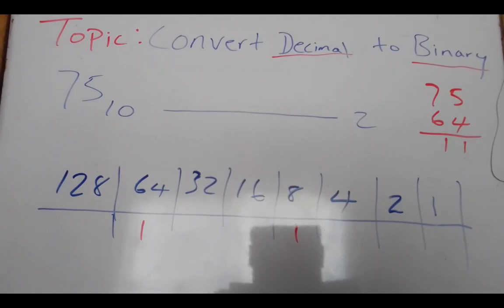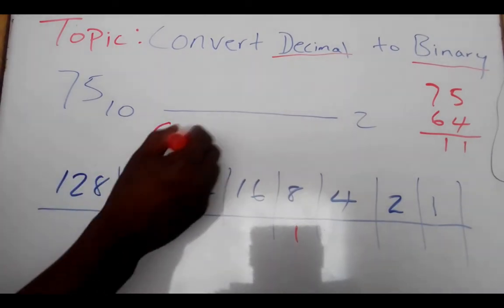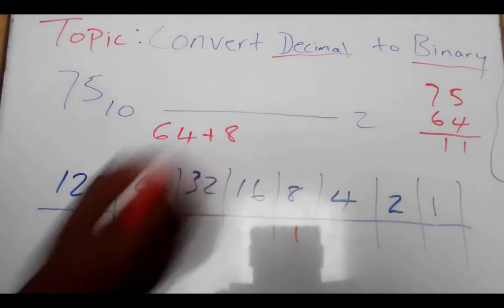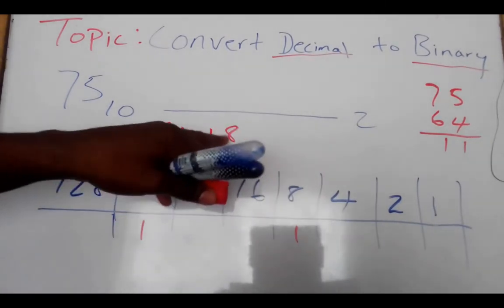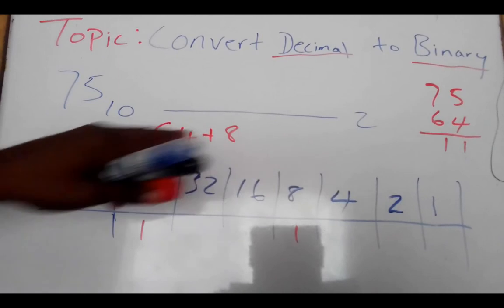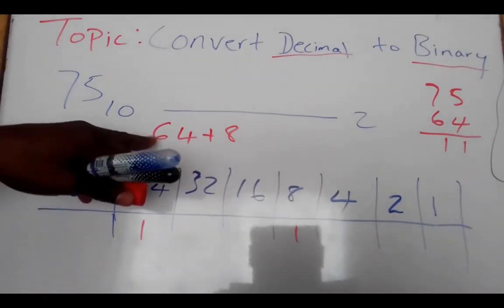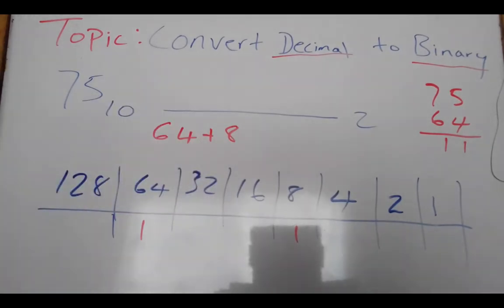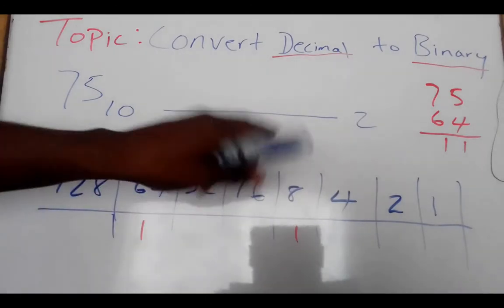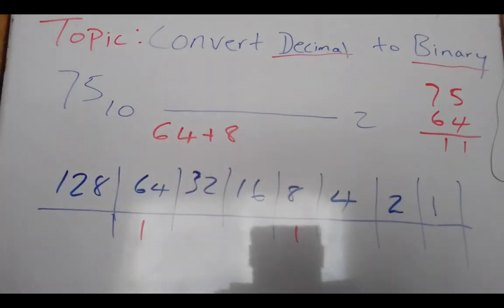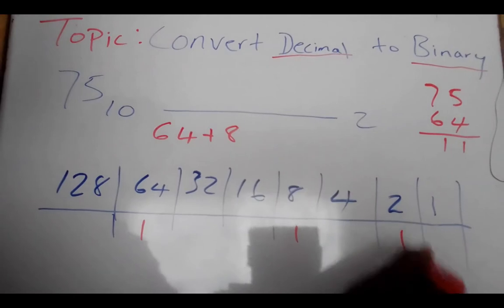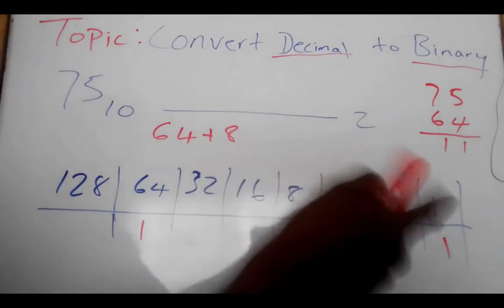Right? So now we have 64 plus 8, and we know that 64 plus 8 is 72. So we need 3 more to add on these numbers. The numbers are obvious: we could use 2 and 1, because 1 plus 2 is 3.